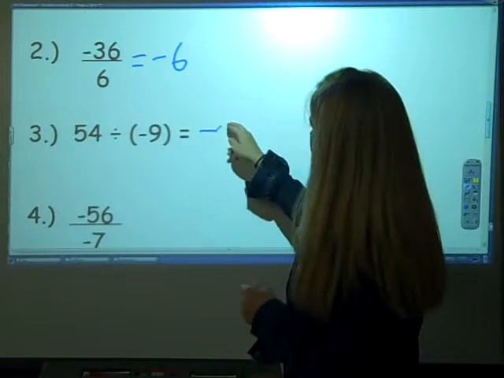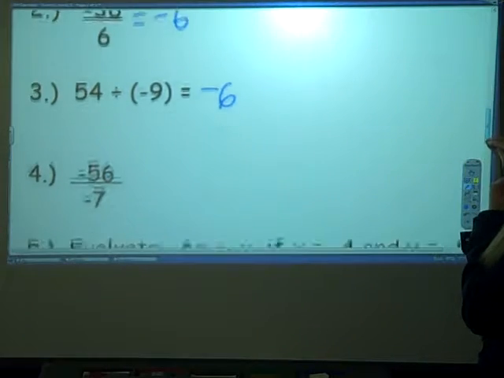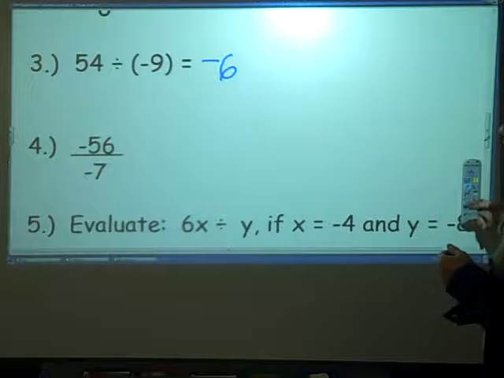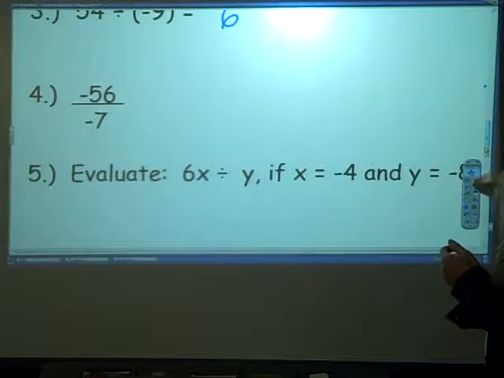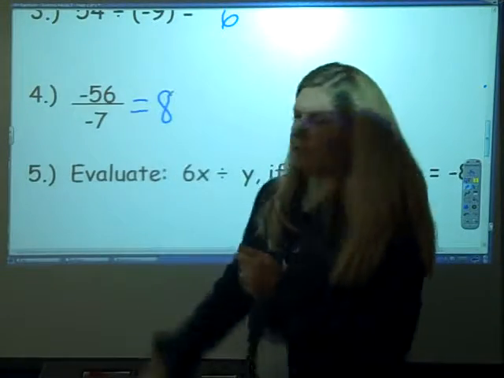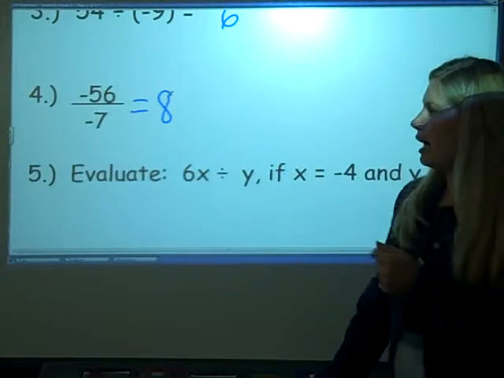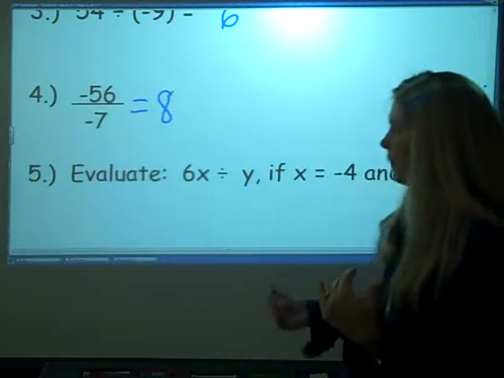You get negative 6. And number 4, we have same signs, so it's going to be a positive answer, 8. Okay? You just need to remember the rules, and then you do your multiplication and division like normal.